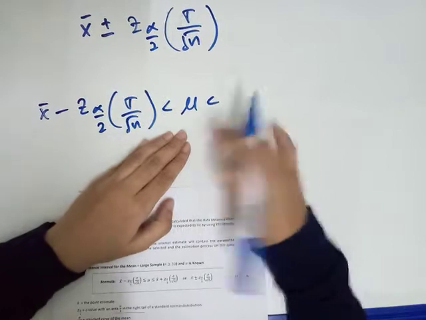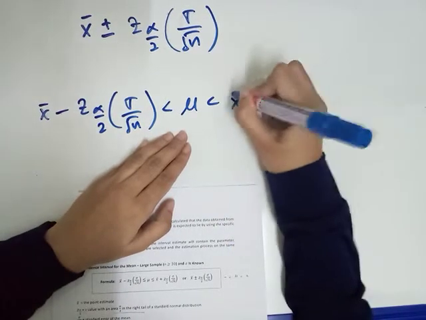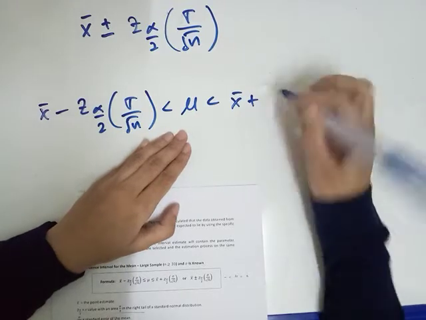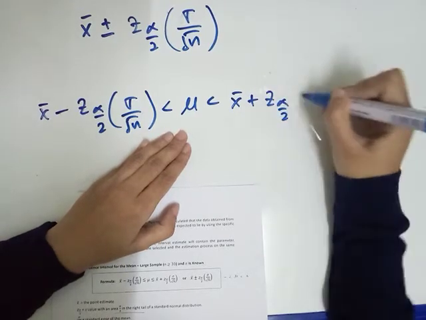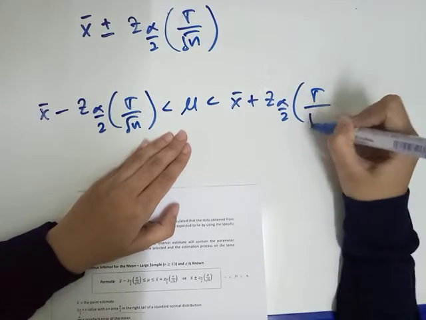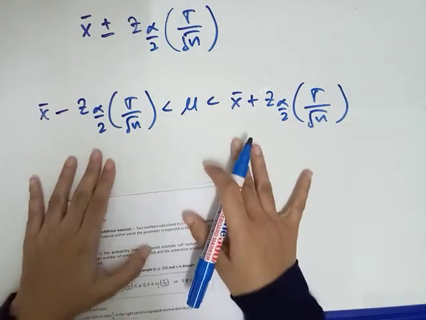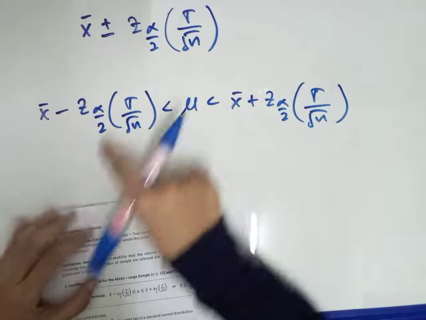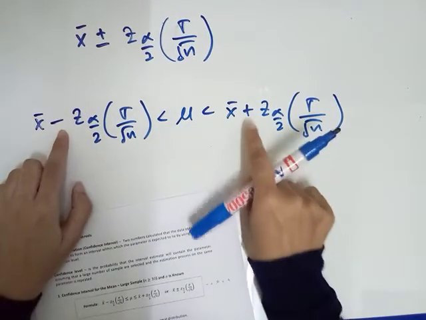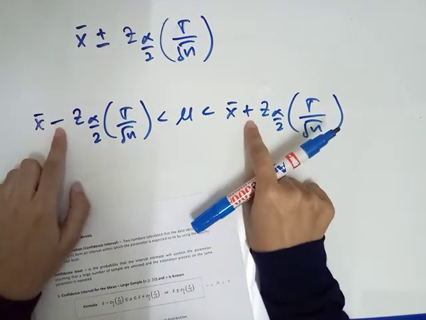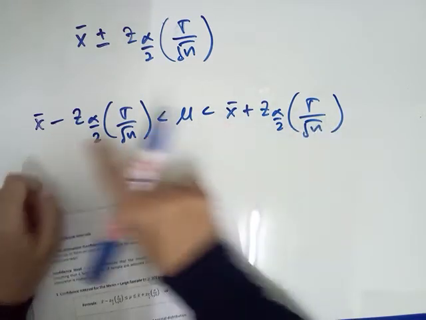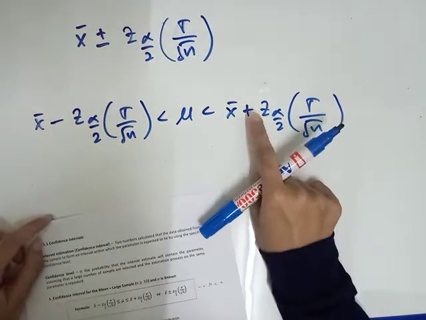These are the range values, and then the sample mean plus z alpha over 2 times standard deviation divided by square root n. The formula is the same. We find the population mean by using this formula. One is negative, one is positive, that means you have to minus and then you have to plus.